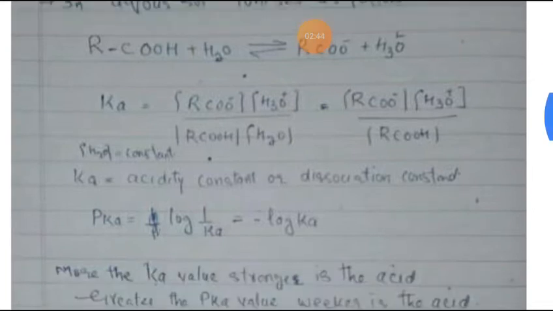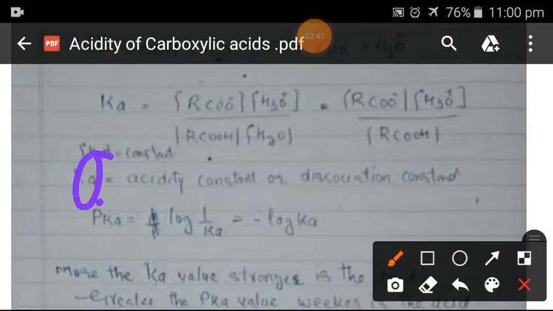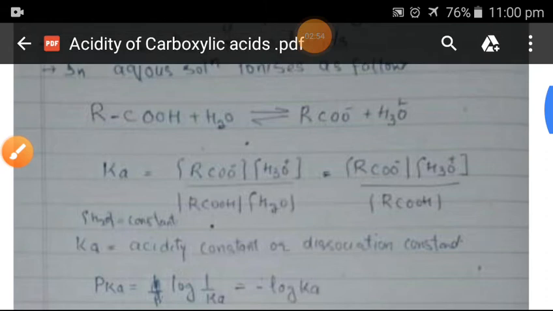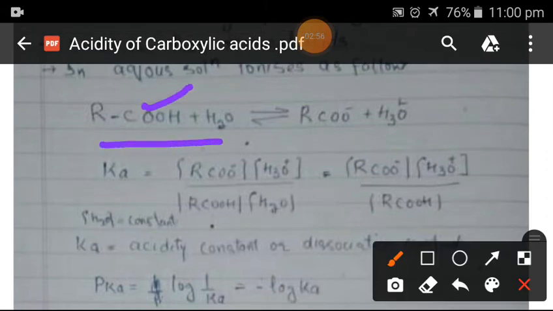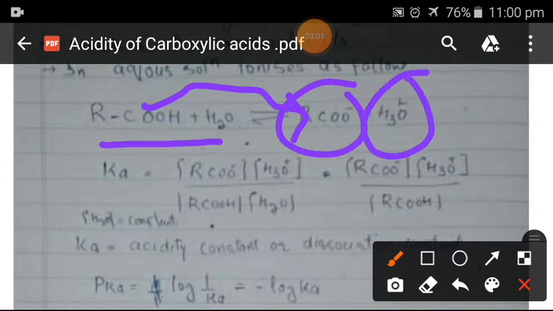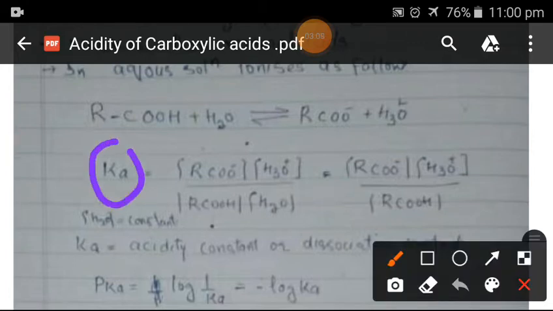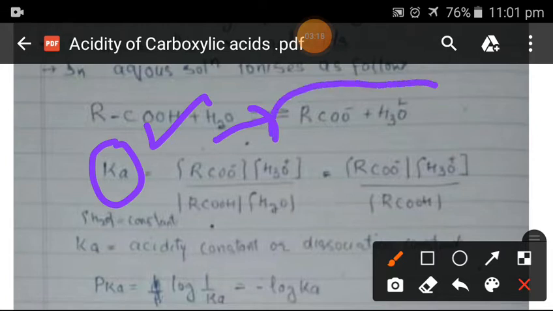Clear? So Ka is called the acidity constant, or also the dissociation constant. With dissociation, we measure how fast this carboxylic acid dissociates to form the carboxylate anion and the proton. How fast the ionization of the carboxylic acid takes place is measured by a constant called the dissociation constant. Clear? So from this dissociation constant we measure the extent of dissociation, or the extent of ionization, of the carboxylic acid.